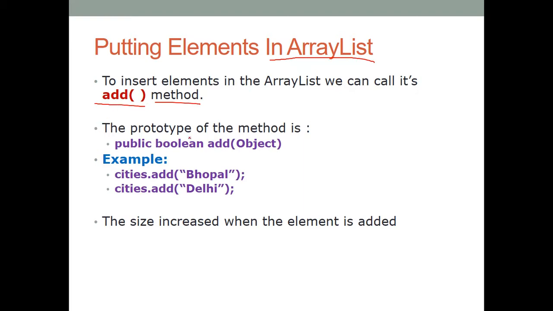The prototype of this method is public boolean add(Object), and here we can add any object, like a student object, table object, cat object, dog object, anything you can store. For example, city.add("Bhopal"). So we can add Bhopal, we can add Delhi, like that we can add so many things. And city is nothing but one of the collections.